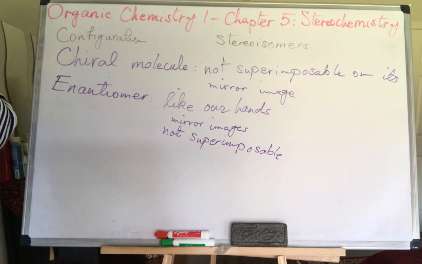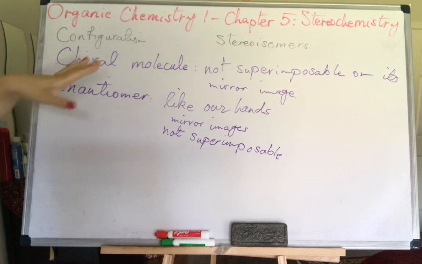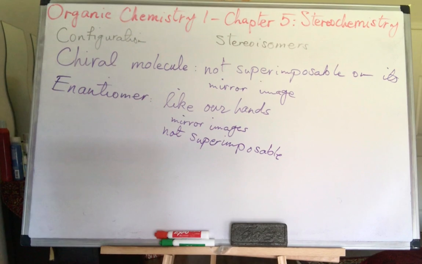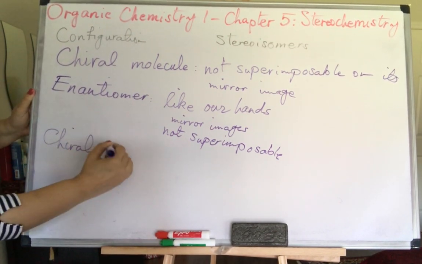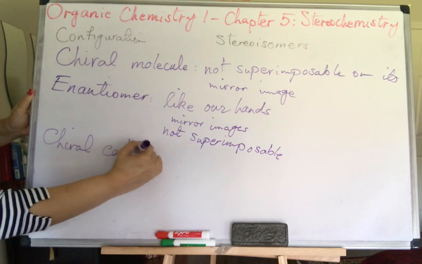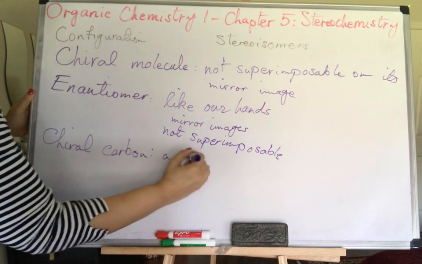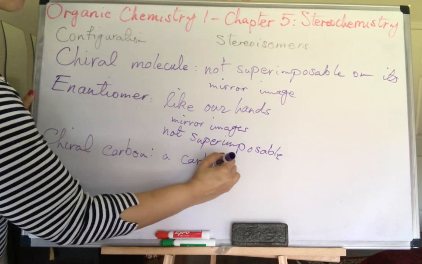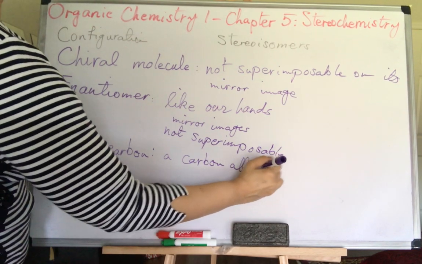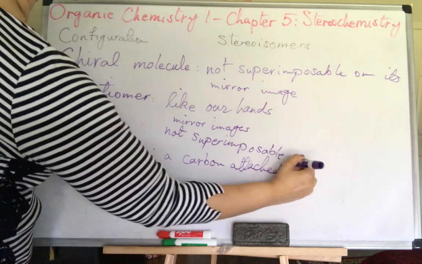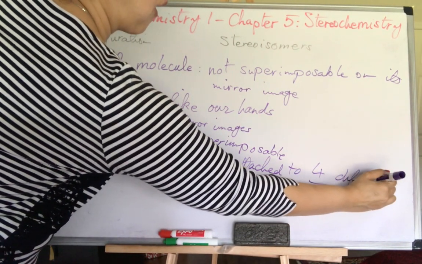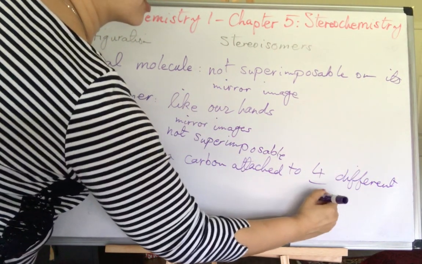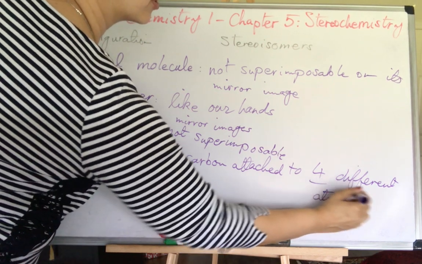The molecules, let's go back to chiral molecules and chiral carbon. First, we need to talk about chiral carbon. A chiral carbon is a carbon attached to 4 different atoms or groups.